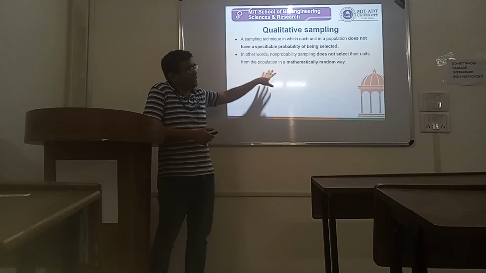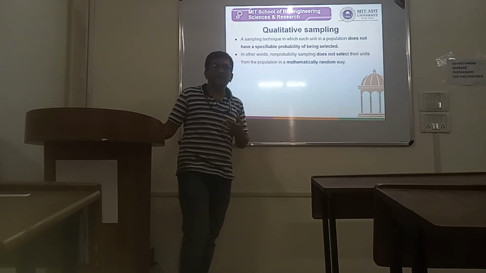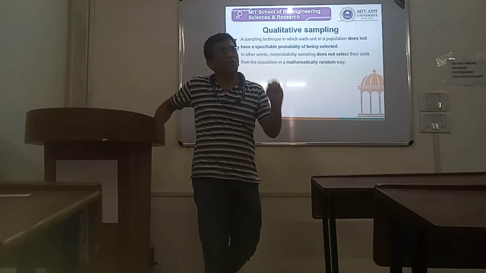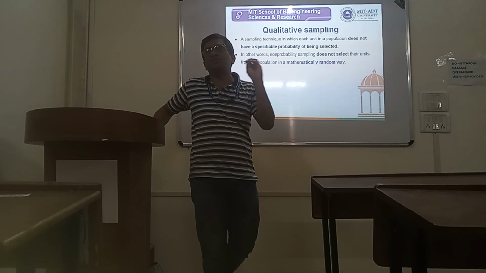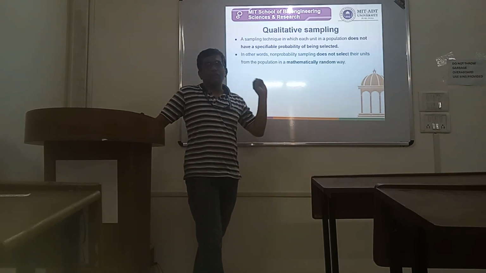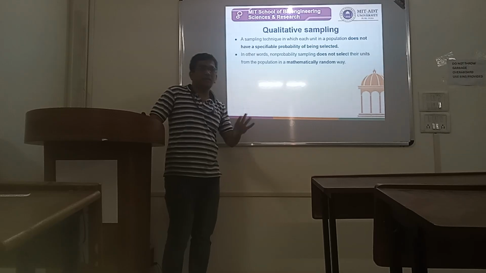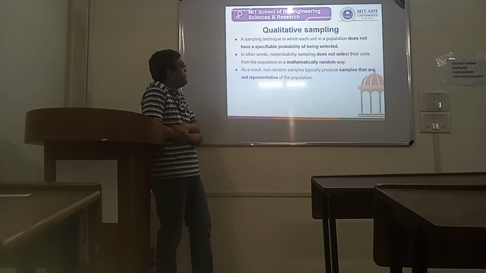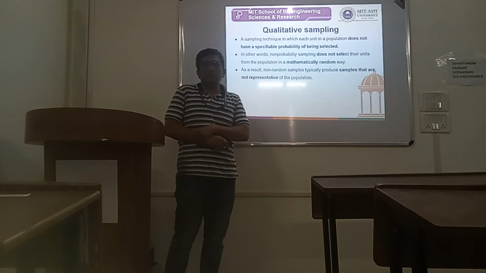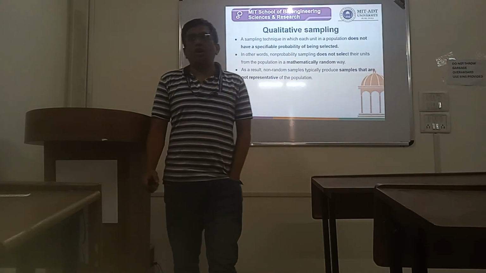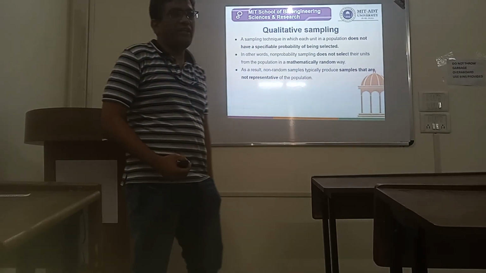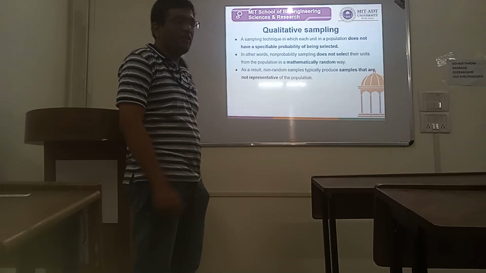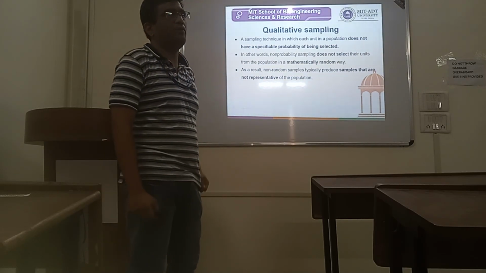There is no mathematical or numerical method involved in the selection of a qualitative sample. It is wholly and solely based on certain qualitative attributes present in that individual, which determine whether that individual will be selected or not. Due to the presence or lack of certain qualities in one particular individual, this qualitative sampling produces samples that are not representative of your population.